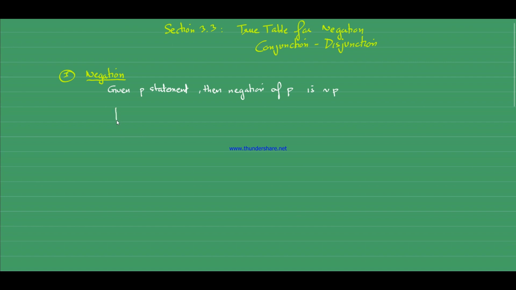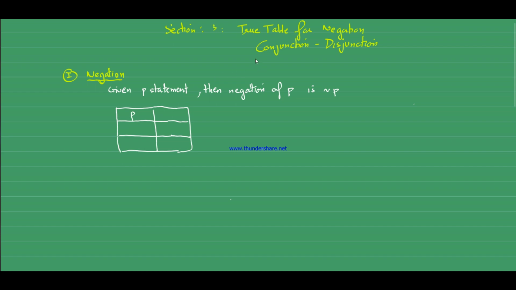So the truth table can be created like this. Tilde P I put over here.